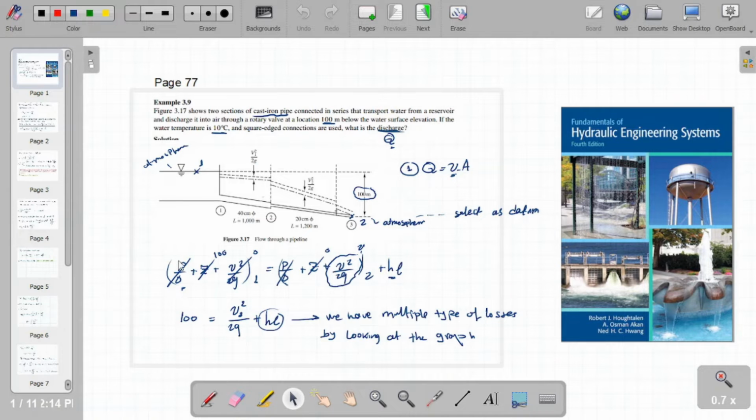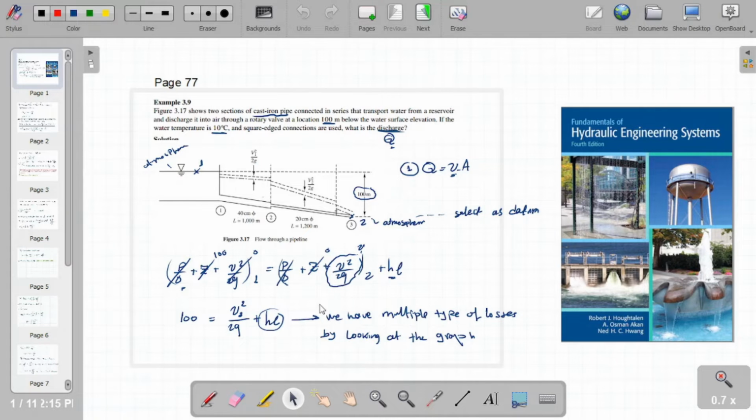So the energy at point 1 is P, the pressure divided by the unit weight of water, plus Z, the height with reference to a certain datum, plus the velocity squared divided by 2 times the gravity acceleration, should be equal to the pressure divided by the unit weight, plus Z, plus the velocity squared divided by 2g at point 2, plus the head loss.